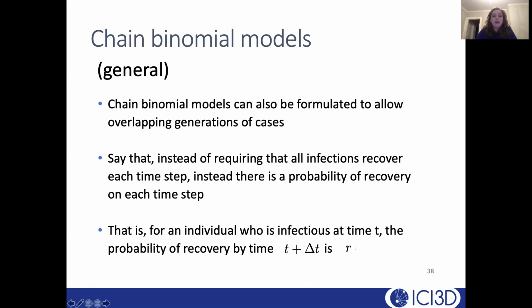That is, for any individual who's infectious at time t, their probability of recovery by time t plus delta t is r. So we're going to have probabilities for new infectious individuals and also new recovered individuals, rather than saying that every infectious individual is going to be recovered in the next time step.